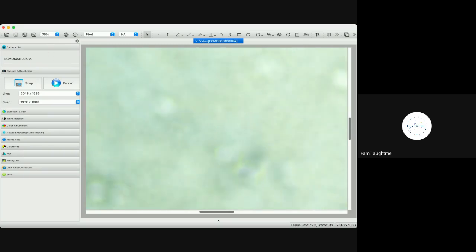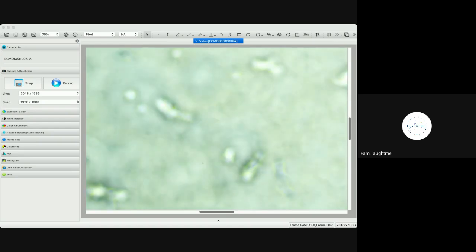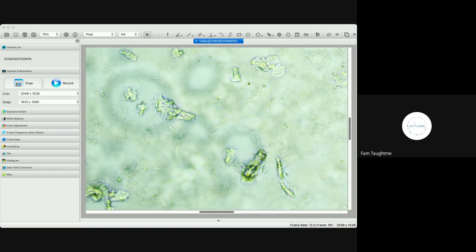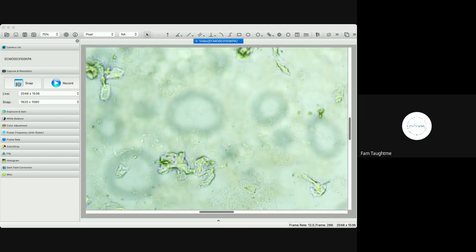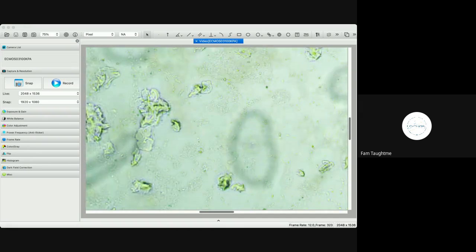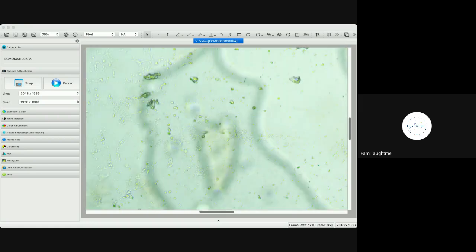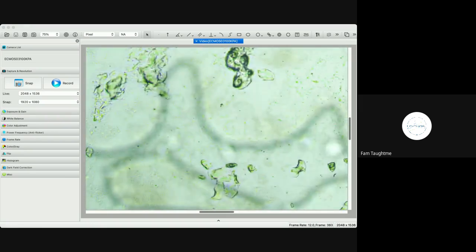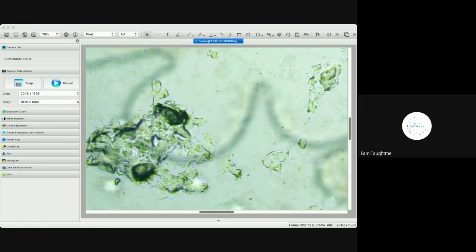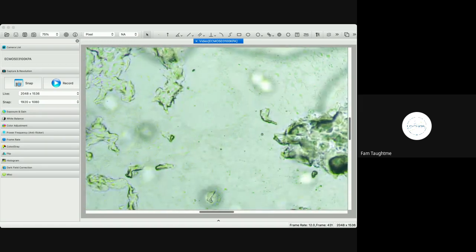Maybe 75%. All right, hopefully everyone can see that. Okay, so here we can see the basics on the slide. Looks like some cells and other things. Let me see if I can.